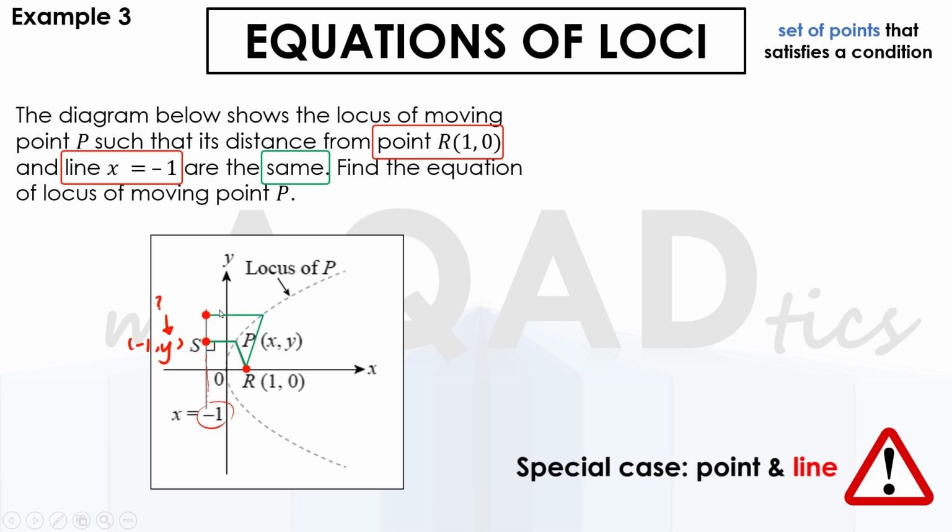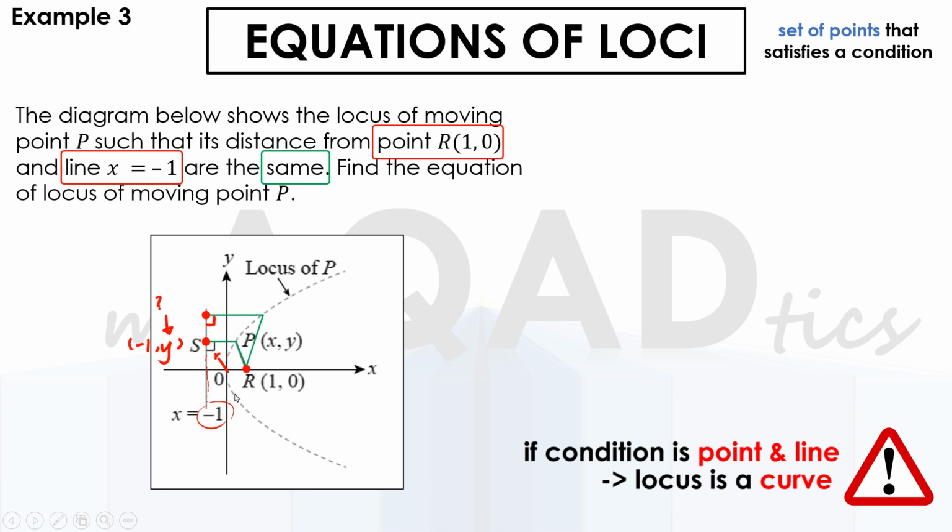Again, because one of the conditions is this must be 90 degrees, we need to follow this point's y coordinate, which is why this coordinate is y. Before we find the equation, you can see that this locus is actually a curve. It's not a circle, it's not a straight line, but a curve. So later on, for your final answer, you will see that the equation is actually a curve's equation.